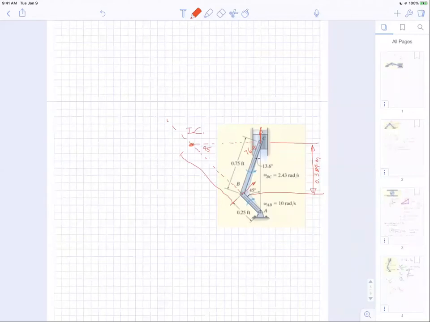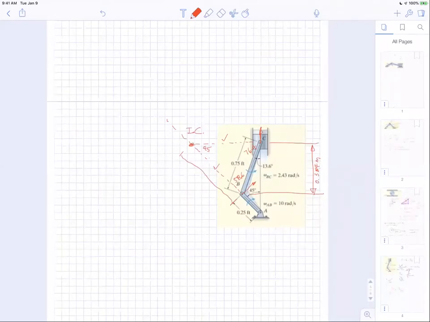Subtract that from 180, and you get 58.6 degrees. We could use the law of sines to get everything. I just don't feel like doing it, but you can get this distance and that distance.